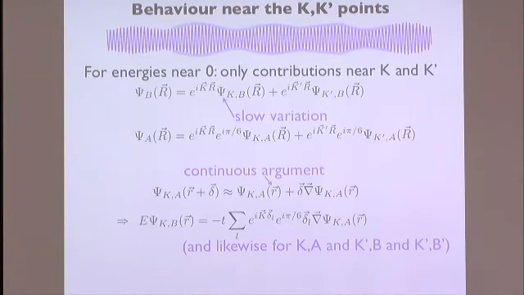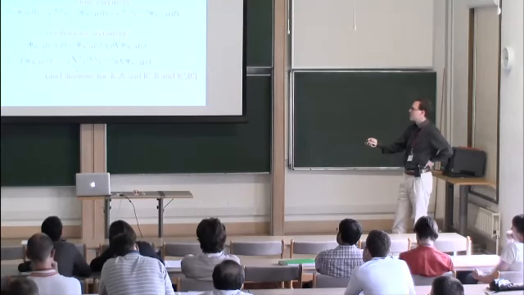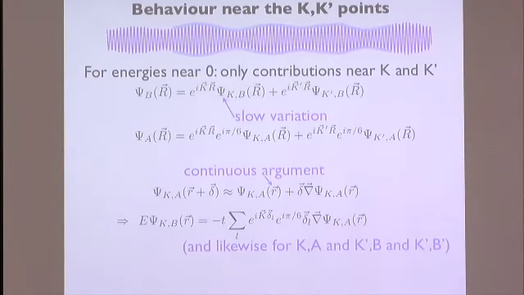So if I decompose this in a Fourier decomposition, it will always have very small wave numbers whose length is much, much smaller than the wave number k. Okay? And I can do the same for psi A. Here I have had to sneak in some phase factors to make the resulting equations look nice in the way I set up the geometry. But this is the important part, that I have a slow variation.